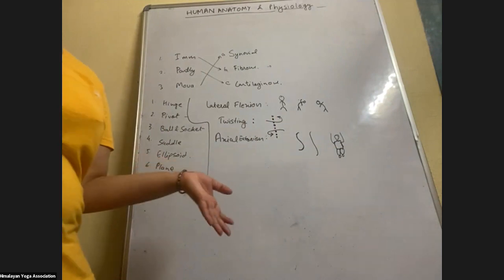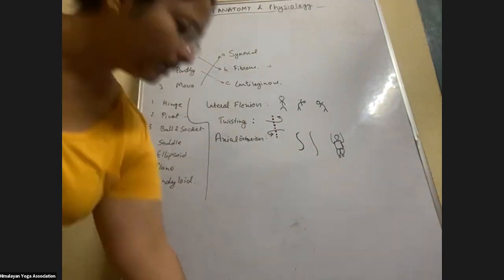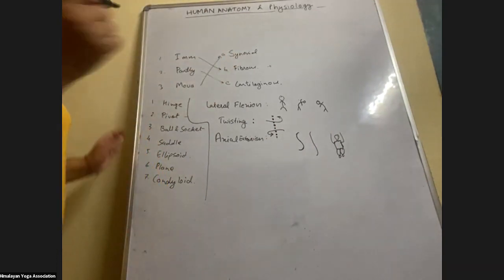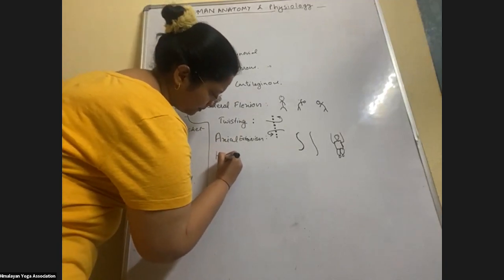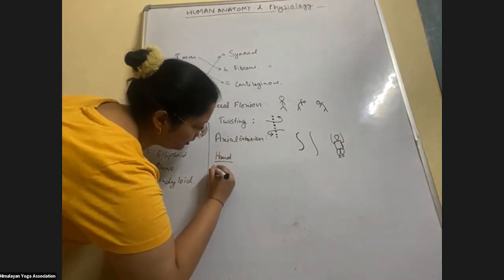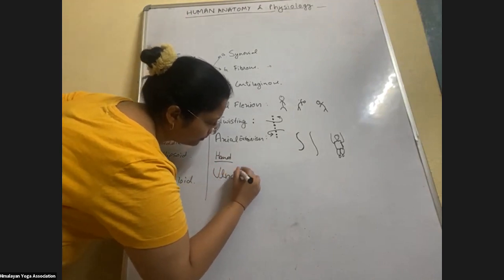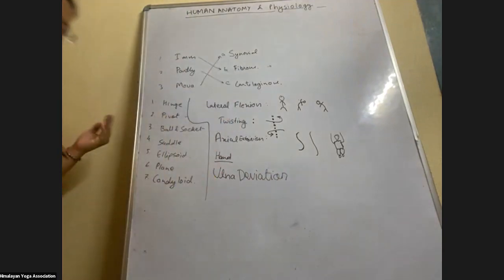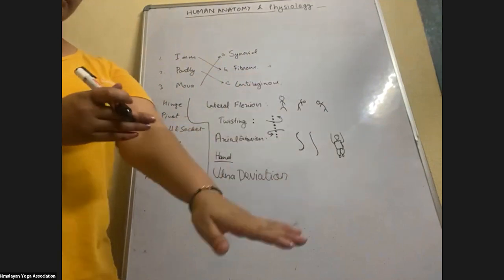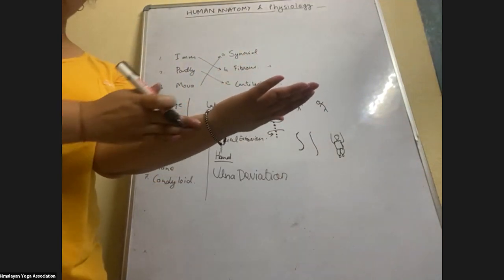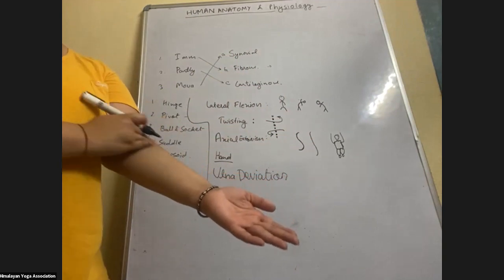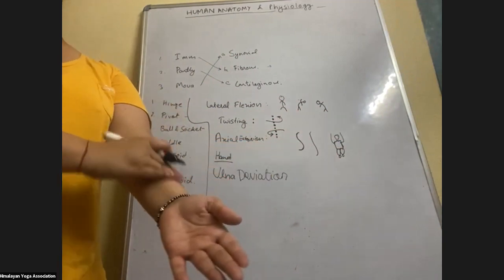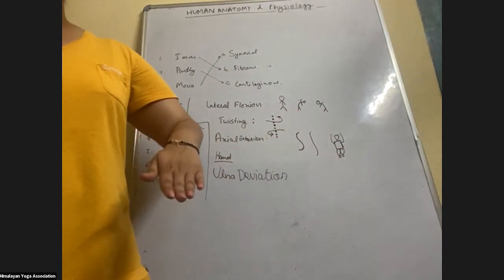So let's learn some new movements in the body, and then we'll revise the rest of the part. In the hand, we have ulnar deviation. Now we know that this is ulna and this is radius. Now, I can do this.